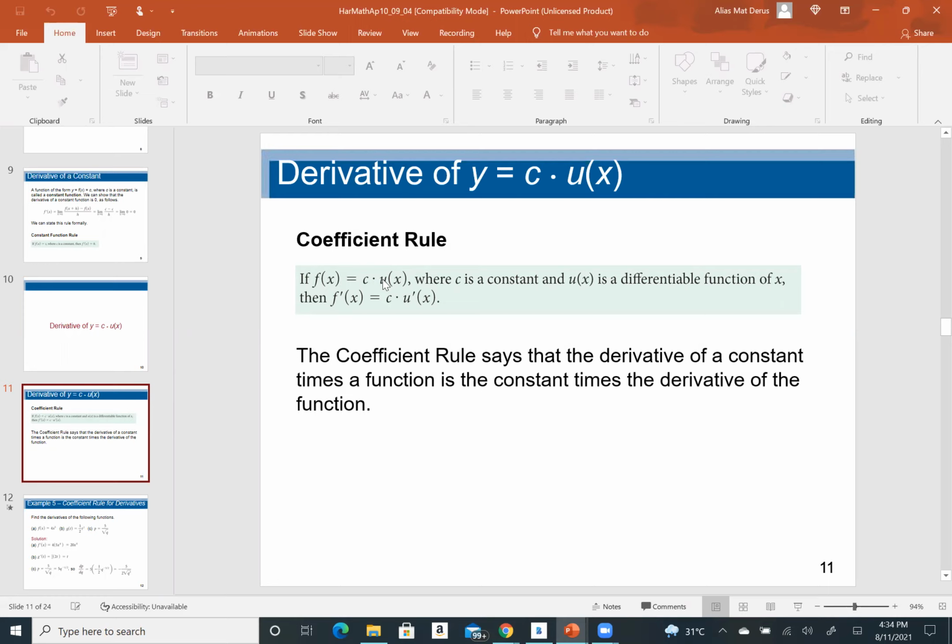Now, how do you differentiate that function? You just have c multiplied by the derivative of u. So you don't worry about the c. The constant will just follow the derivative. This is what we call the coefficient rule.